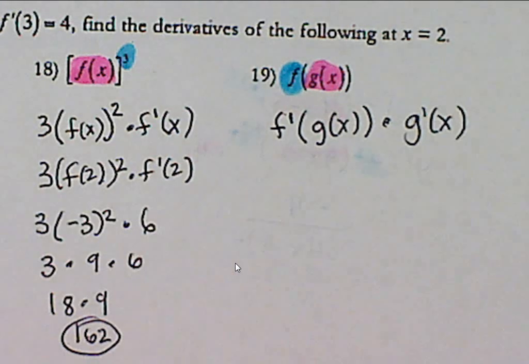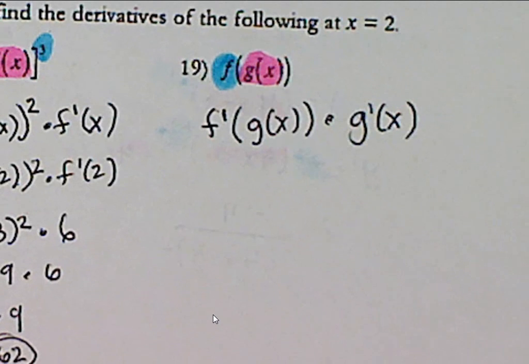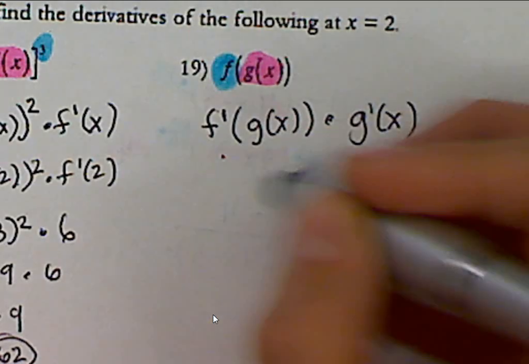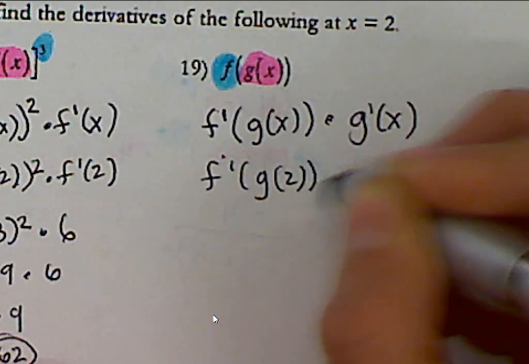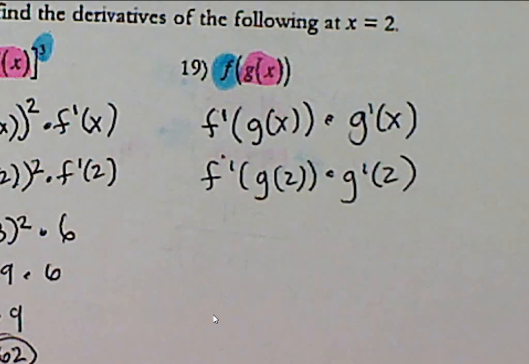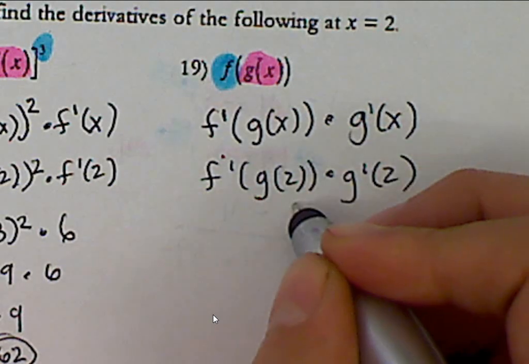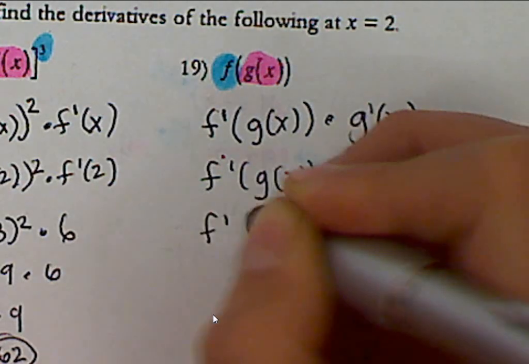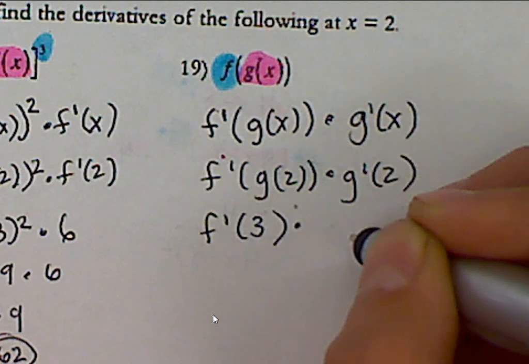That's just the definition of the chain rule. And now I can fill them in with where x equals 2, so f prime of g of 2 times g prime of 2. G of 2 equals 3, so this is f prime of 3 times g prime of 2 is negative 2.